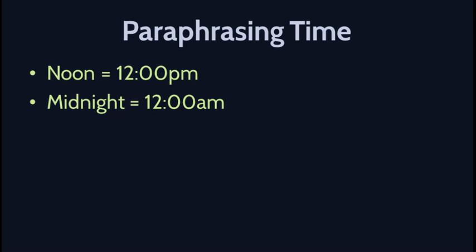But we consider the start of the morning time to be 12 a.m. Sounds a little strange, but just remember, 12 p.m. is the beginning of the afternoon. 12 a.m. is the beginning of the morning. And that's how we consider it, the beginning of the period.